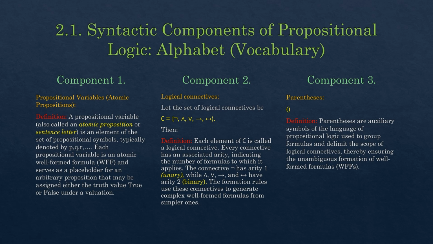The connective negation has arity 1. It is unary, while the other ones, I mean here disjunction, conjunction, conditional, and biconditional, have arity 2. All of them are binary. And the formation rules use these connectives to generate complex, well-formed formulas from simpler ones.